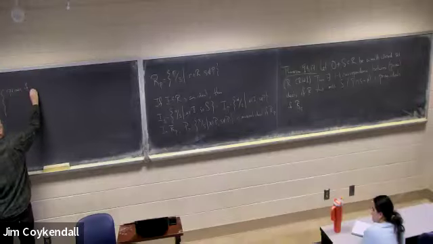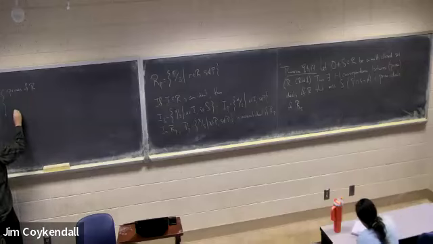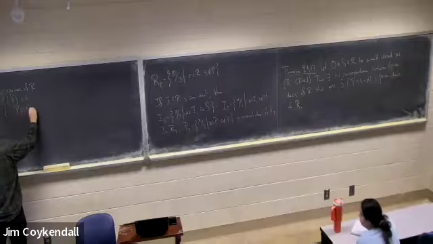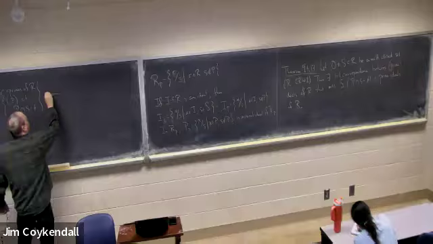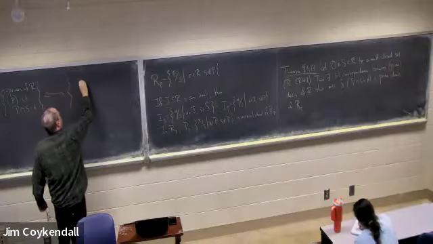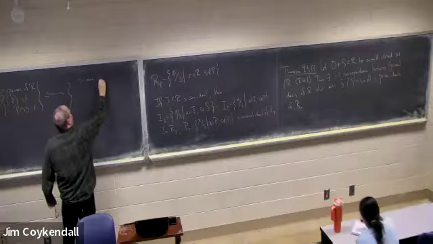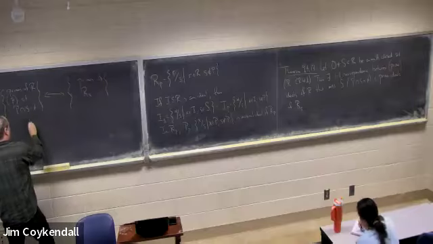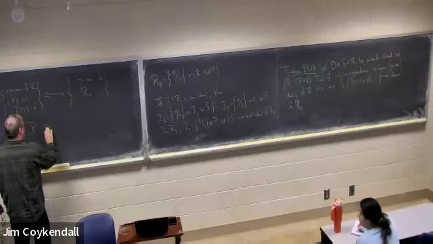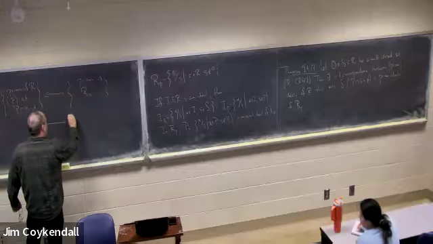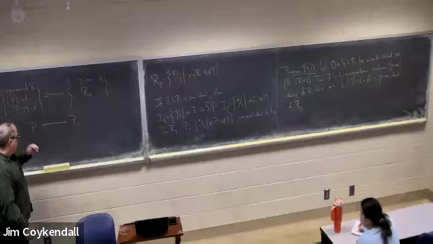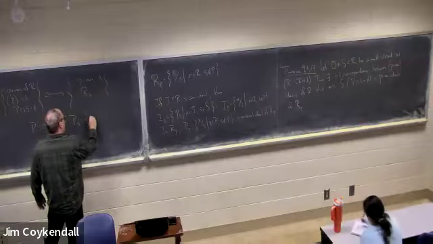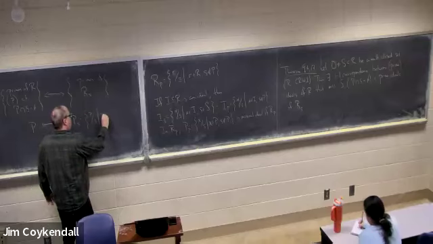Primes of R, say P, such that P intersect S is empty. This corresponds with primes of R localized at S. Start with the prime here and go to the prime here.